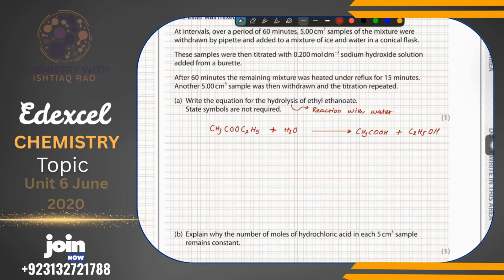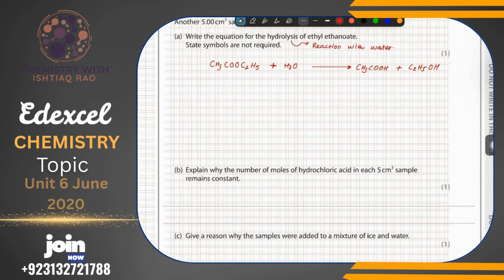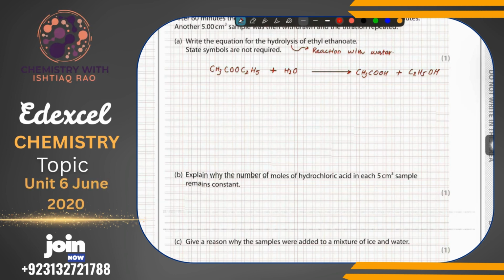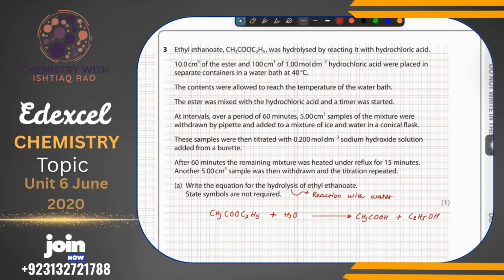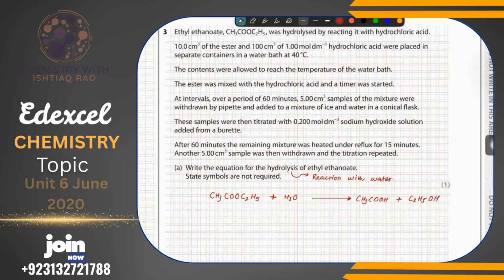Next. Explain why the number of moles of hydrochloric acid in each 5 centimeter cube sample remains constant. Okay, the 10 cm cube of ester and hydrochloric acid were placed in separate containers in a water bath. The contents were allowed to reach the temperature.